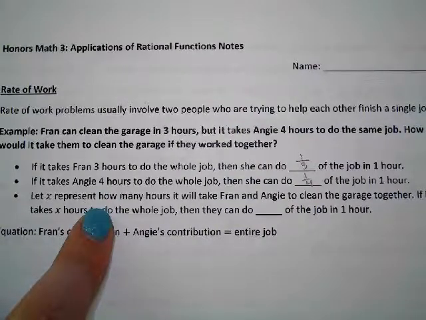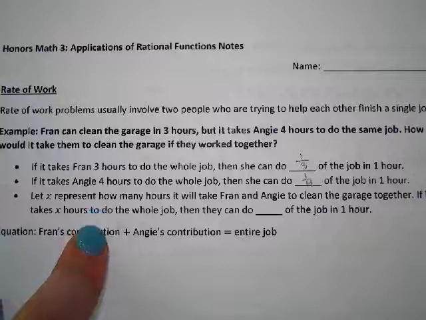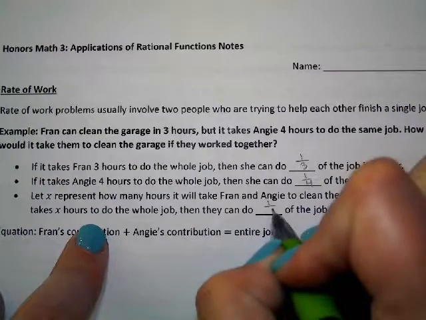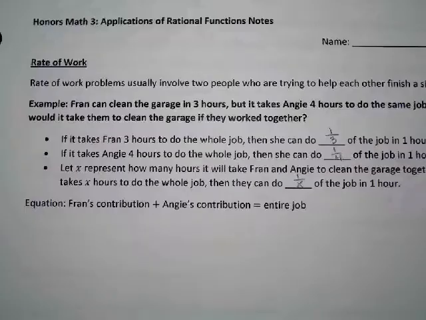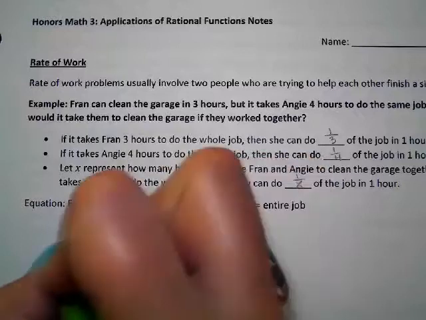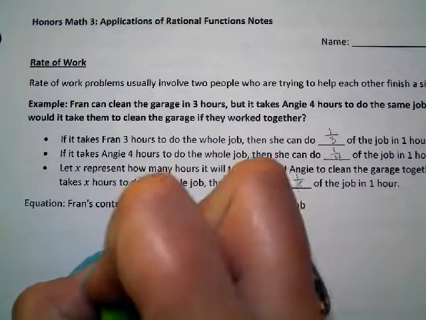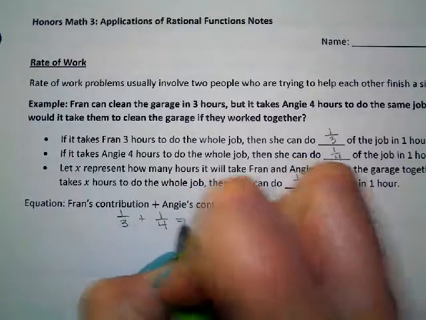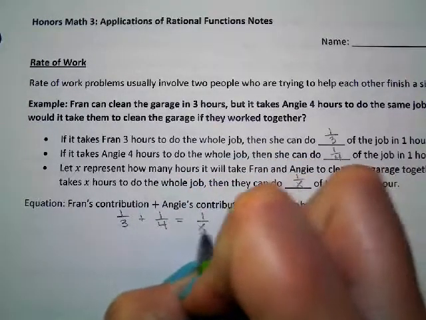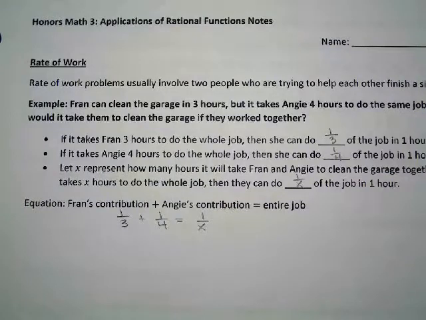So if x represents how many hours it would take both girls to do the whole job together, then in 1 hour, they could do 1/x of the entire job. So what we'll say is that Fran's contribution, 1/3, plus Angie's contribution, 1/4, is going to equal 1/x altogether.